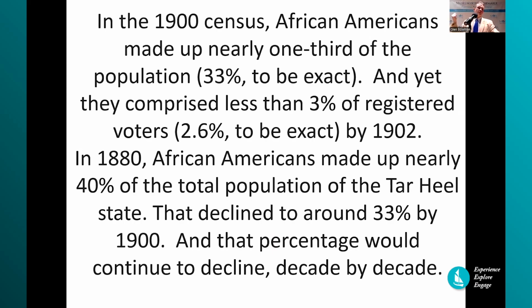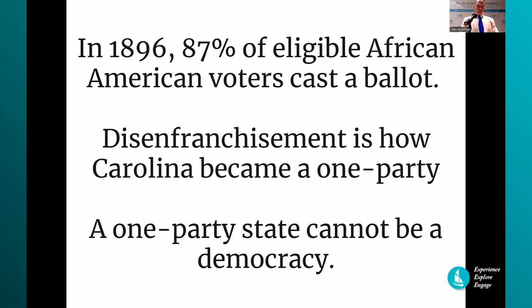So they went up north. They moved to cities such as St. Louis, Philadelphia, Detroit, Gary, Indiana, Boston, and so on, because here they couldn't get a chance to even vote. I mean, what's the point of living in a state where someone's telling you what to do, and you can't even tell them what you would like them to do?